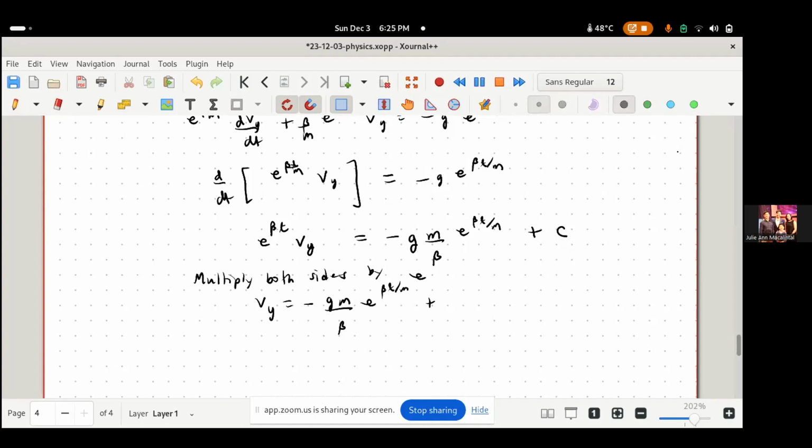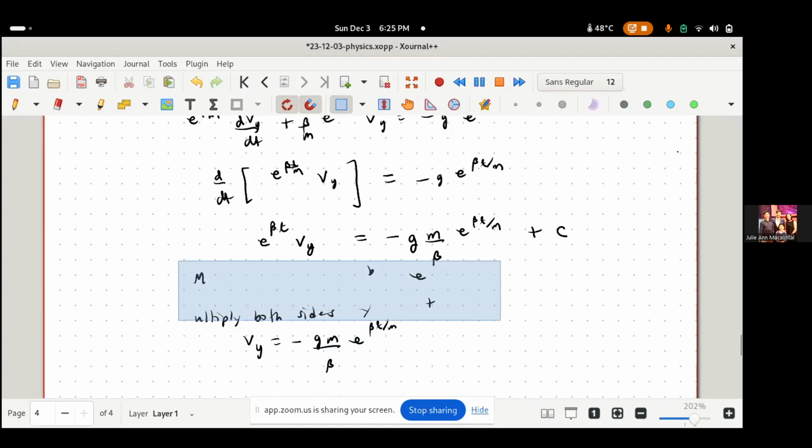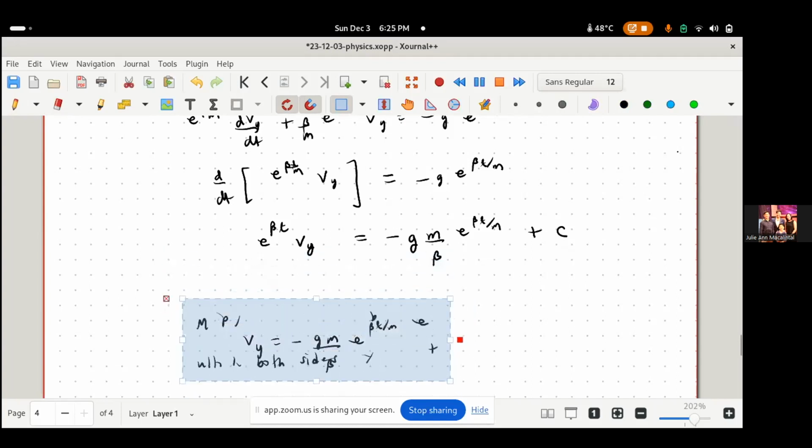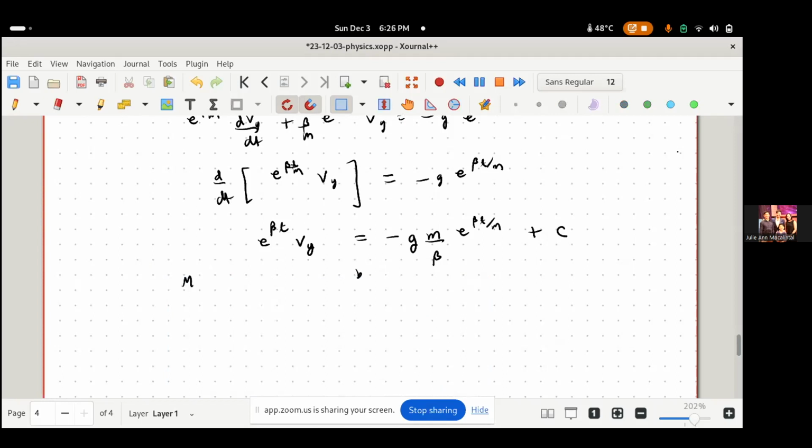urong natin to. Okay na nga natin. So, multiply both sides by e to the minus beta t over m to get.